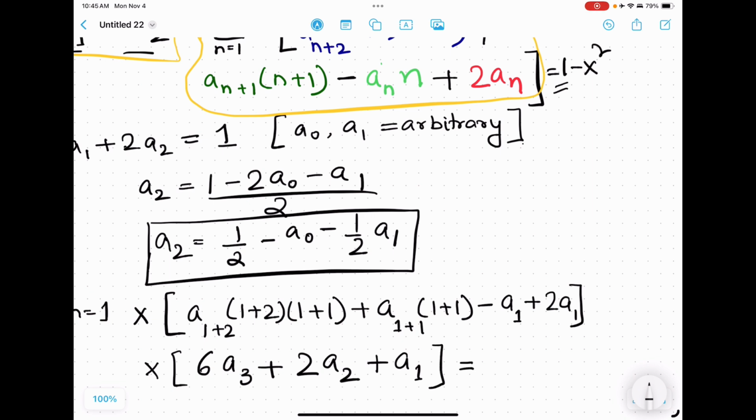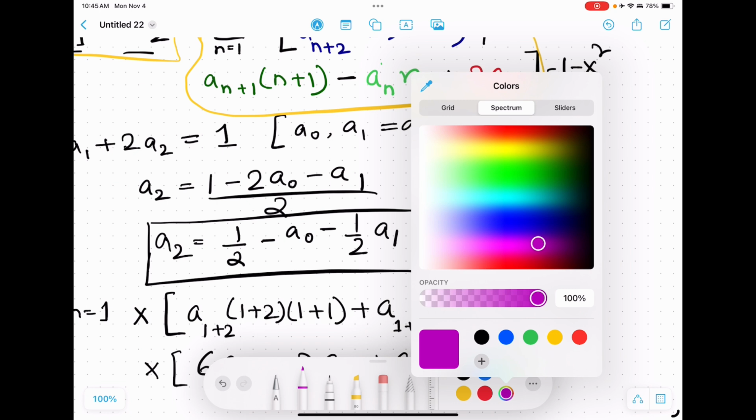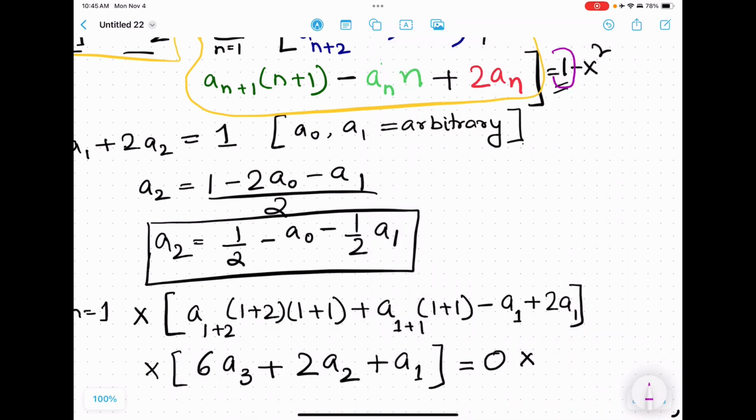Okay, and if I look at my right-hand side and try to find the coefficient for my x, I can see that it's going to be 0 because there's no x on my right. I just have a constant. Let me use a different color. Let me use pink. So I have a constant and I have a coefficient for x squared, not x.